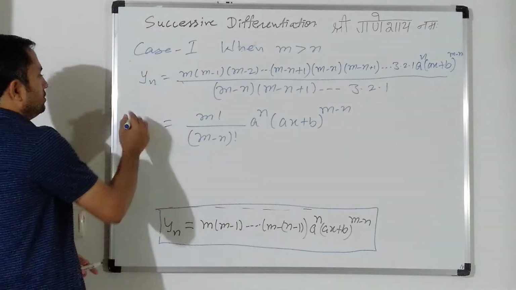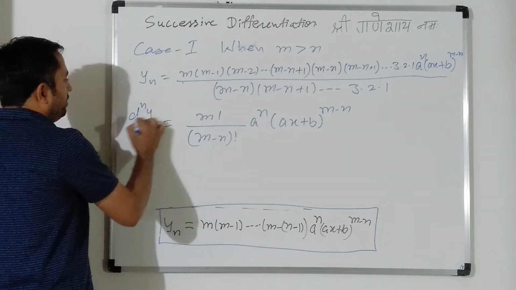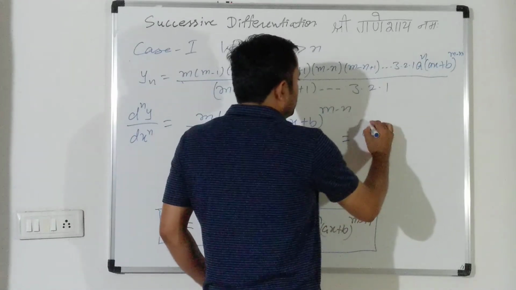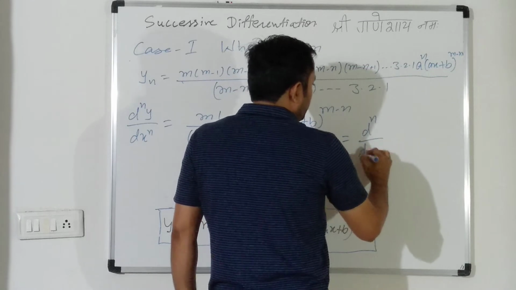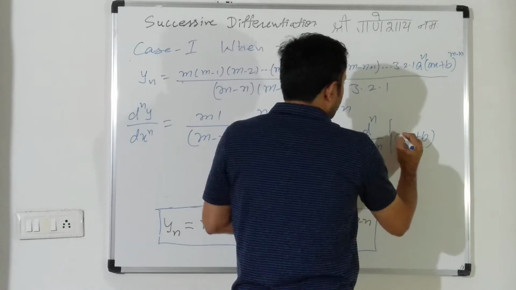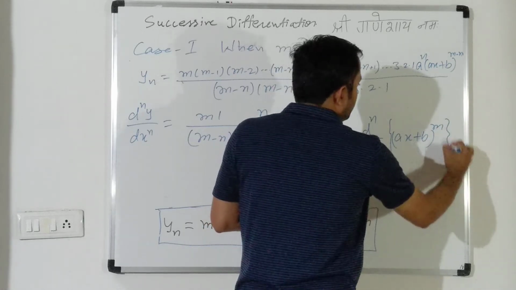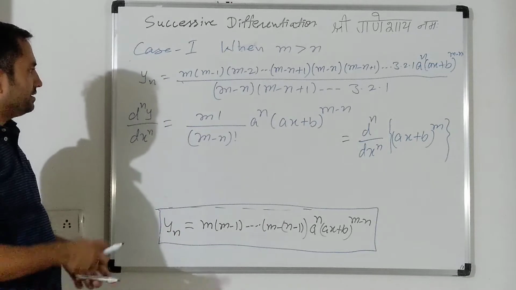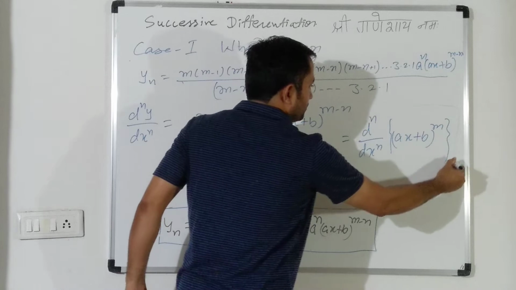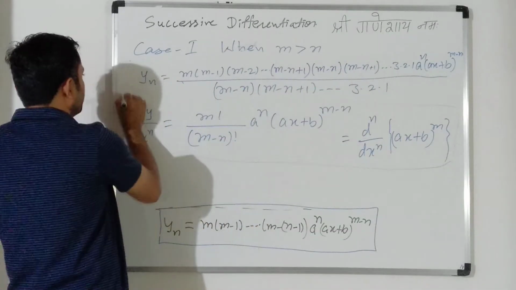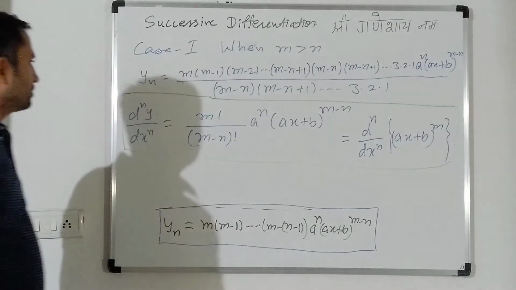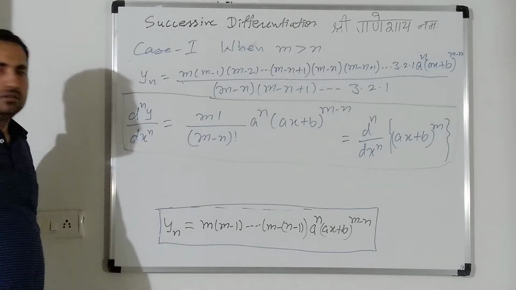This is d^n y upon dx^n, that is, d^n upon dx^n of (ax plus b) to the power m. We get this result by taking m greater than n.